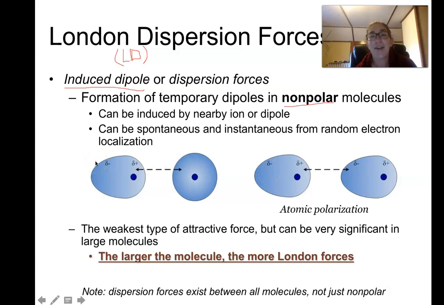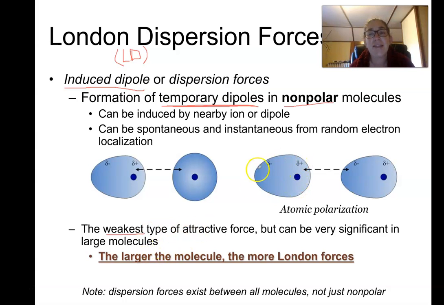Temporary is a key word here when we're talking about London dispersion forces. You get temporary dipoles from these electrons flying around, sometimes leaning towards one way or the other. And so it's a very weak attractive force because those dipoles are temporary. That attraction is only there for these little instantaneous, split seconds in time.